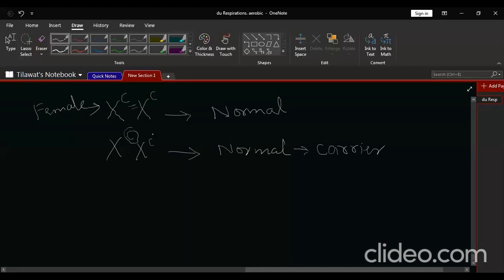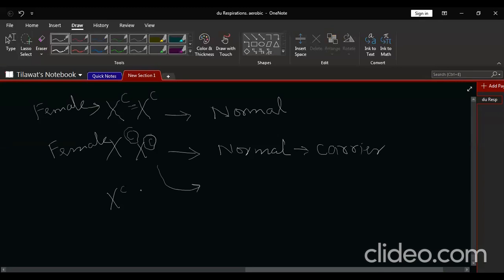But she has this defective gene, and she can transfer it to her offspring. A carrier is a person having a defective gene but no symptoms of that defective gene, and she can transfer that defective allele to her offspring. Is it clear?